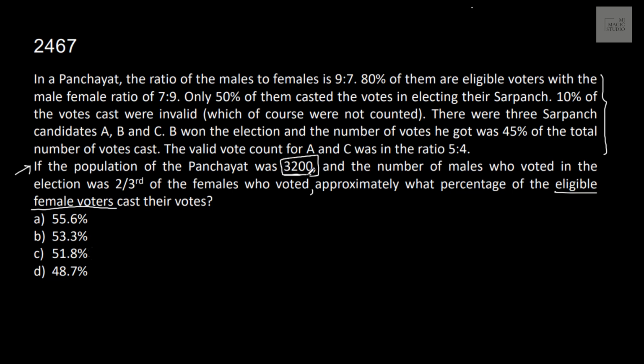Total 3200, out of which eligible voters are 80%. 80% of 3200, 8 into 32, that is 2560 eligible voters. And out of that, the male-female ratio is 7:9. So female eligible voters should be 9 by 16 into 2560.